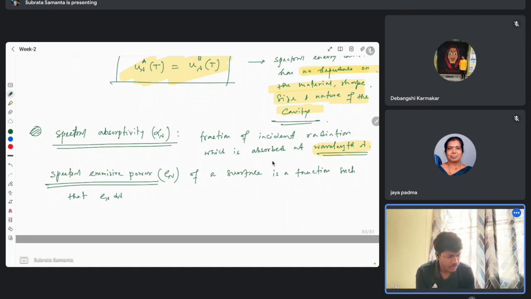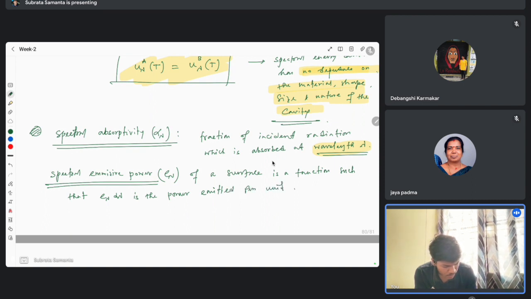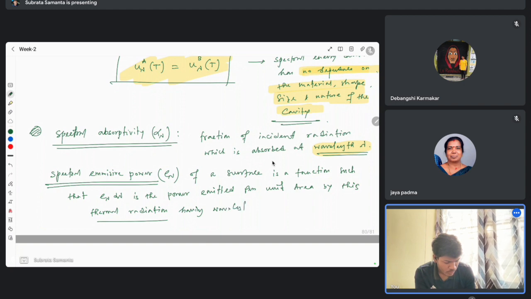So E lambda d lambda is the power emitted per unit area by thermal radiation having wavelength lambda to lambda plus d lambda.